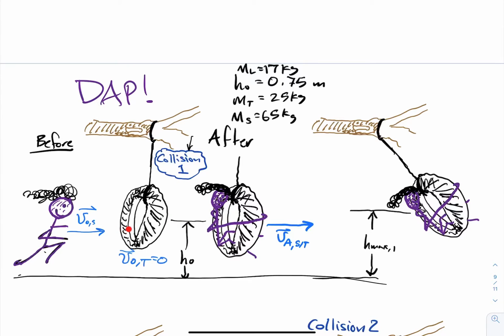Smoot runs, collides with the tire swing, and then the Smoot tire swing system will have a velocity after the collision. And so this picture describes the first collision. Once Smoot collides with the tire swing, which, by the way, is a perfectly inelastic collision, isn't it? Because they stick together.